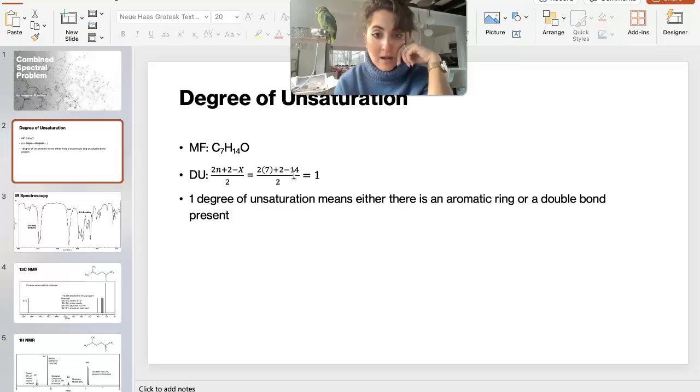In this formula, I ignore any O's in my molecular formula. Going through that calculation, I found that my degree of unsaturation is equal to 1. This typically means that there is either an aromatic ring in my compound or a double bond present.